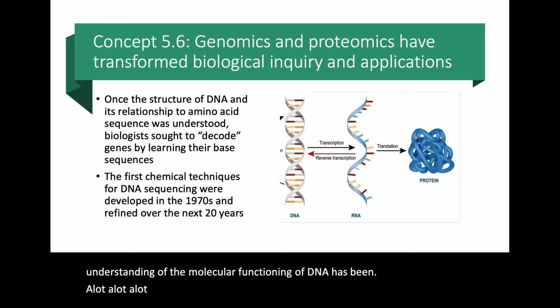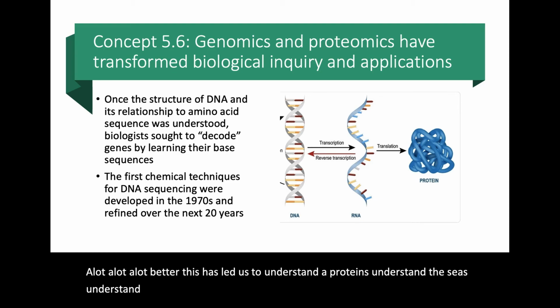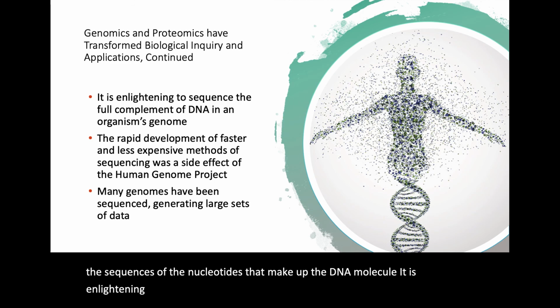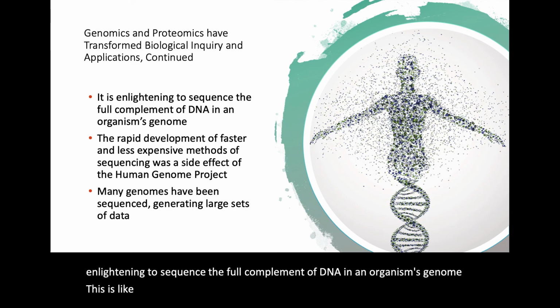This has led us to understand proteins, understand disease, understand mutation, understand how evolution is working by simply observing the sequences of the nucleotides that make up the DNA molecule. It is enlightening to sequence the full complement of DNA in an organism's genome. This is like reading all of the instructions of every single little thing that you can find in an organism.